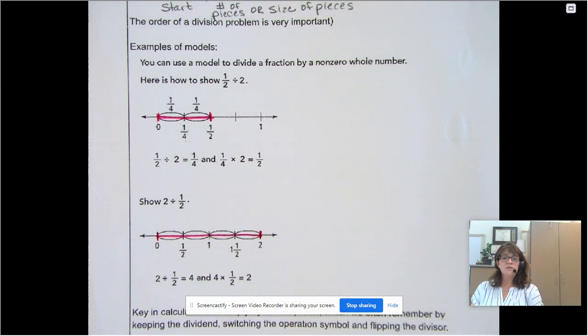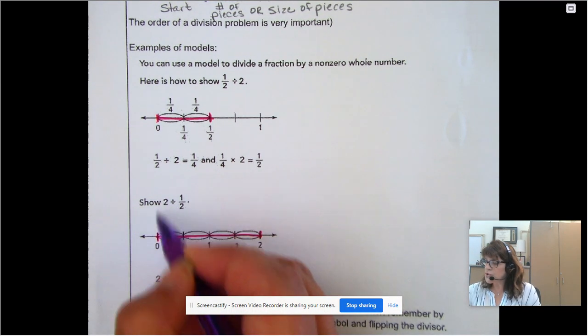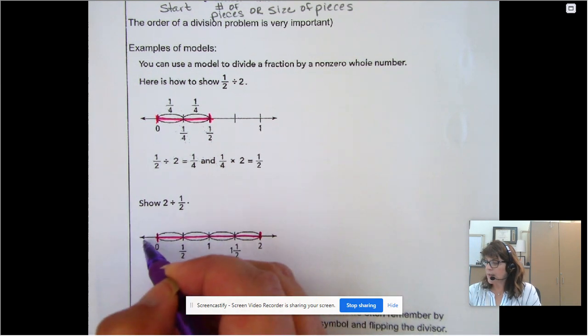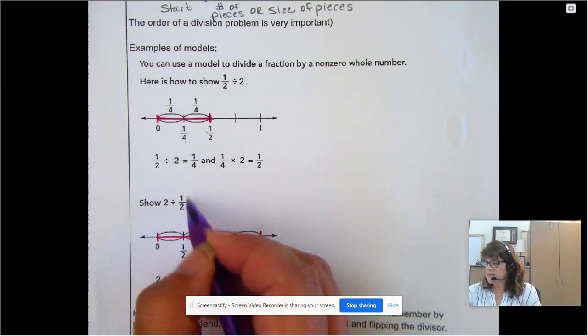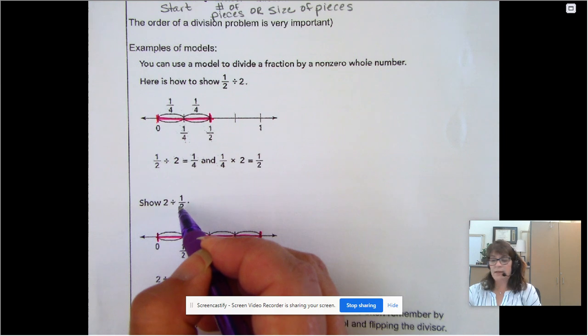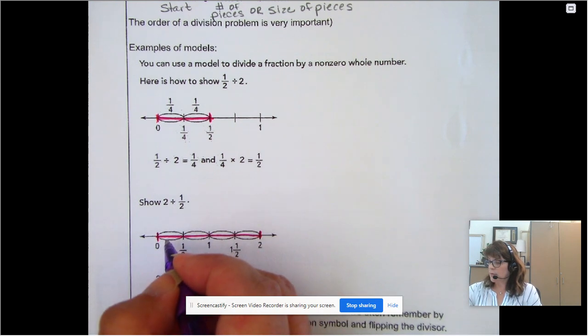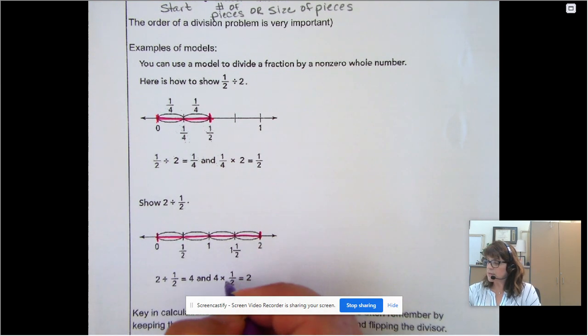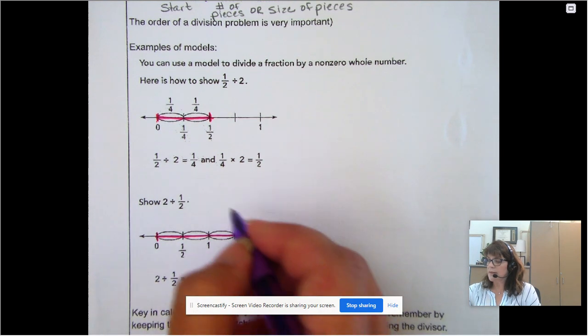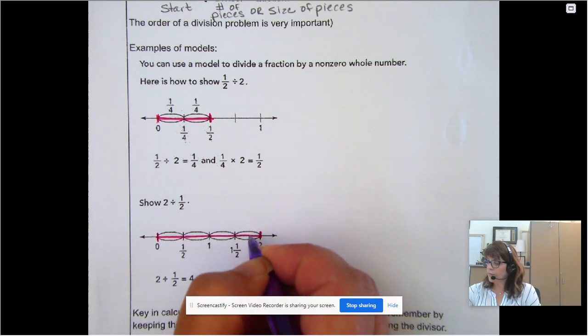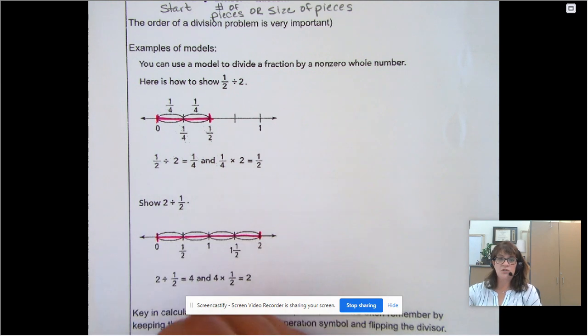And I want to be able to feed a half a pizza to each teenager. Well, how many teenagers am I going to be able to feed? So I'm taking 2 whole items and breaking them into a size, right? 1/2. So my solution, okay, is 4. 4 teenagers that I can feed.